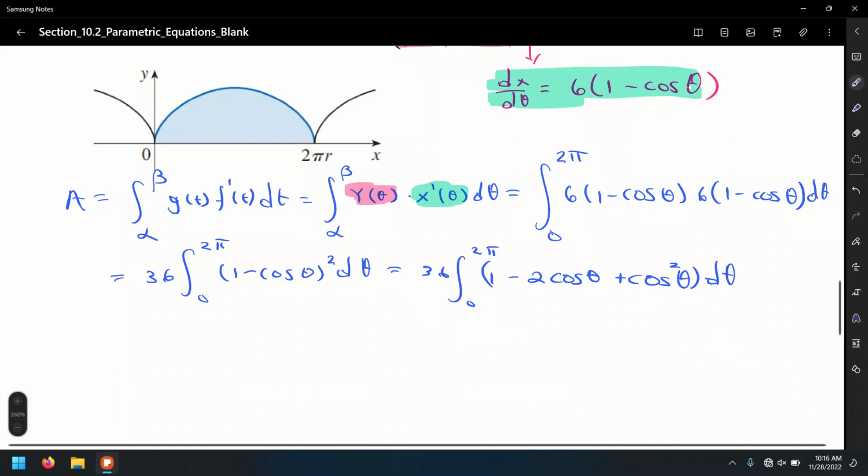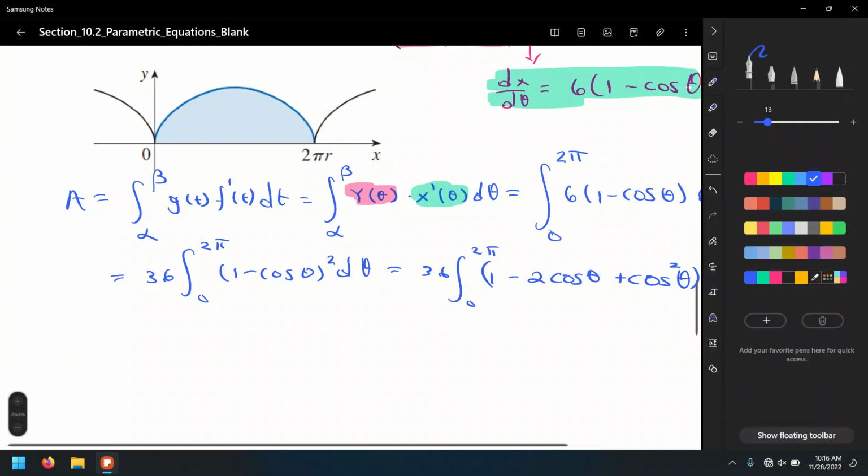And yes, we can already integrate the first two terms. However, that third term, cosine squared theta, well, we wish we had a factor of sine multiplying with it outside, so that we could use it as our u part, but unfortunately we don't have that, so we will have to use trigonometric identities in this case.